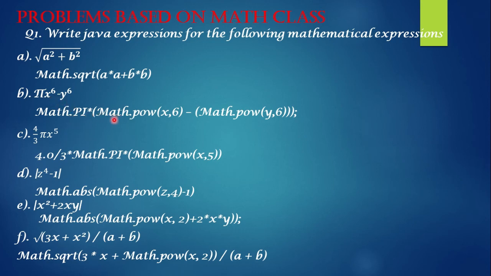Now see, Math.pow. You can write x into x into x six times. Otherwise, we have the function Math.pow, x to the power 6, minus Math.pow, y to the power 6. See the opening and closing brackets. Very important to see: the number of brackets that you have opened, that many have to be closed also. So remember that.